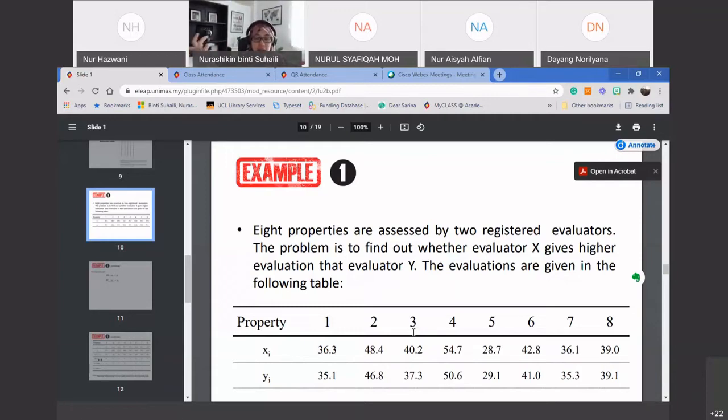But if you are lucky, maybe you get the same conclusion, but it could also be not similar. Okay. But the nature of this data can actually be analyzed by the sign test or the Wilcoxon signed rank test because they are actually dependent data. Okay.